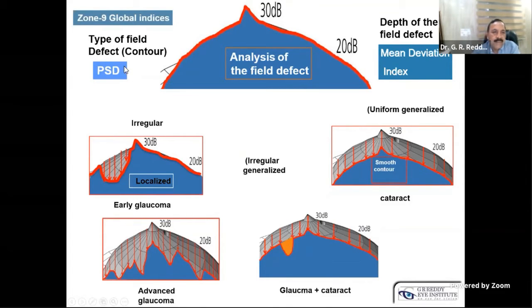Whatever represents the contour is PSD; what represents the loss of retinal sensitivity, the depth of the field defect, is represented by mean deviation. So we have two components, PSD representing the contour and mean deviation representing the height of the field of vision. A decrease in height of field of vision is the mean deviation index.